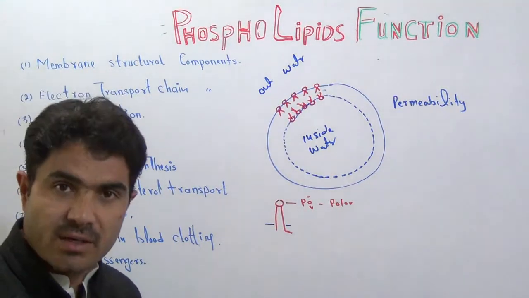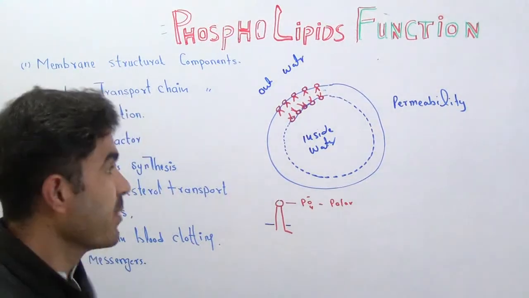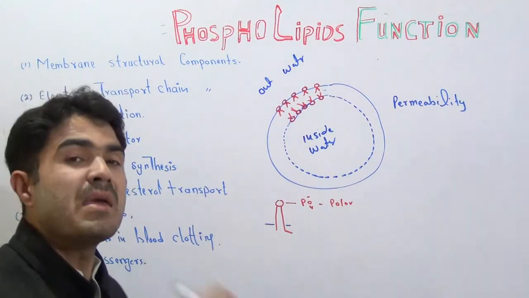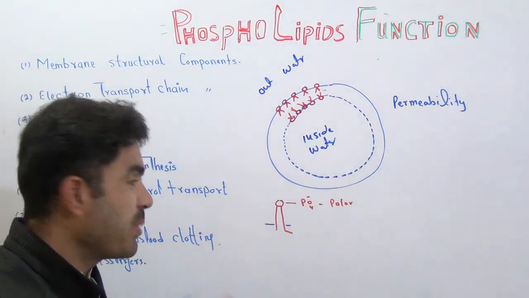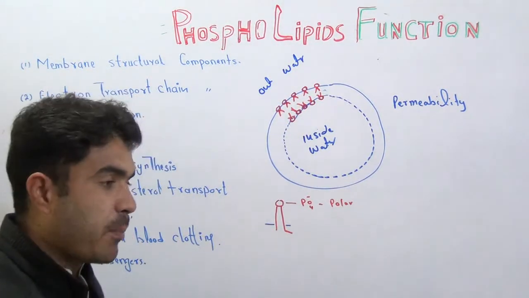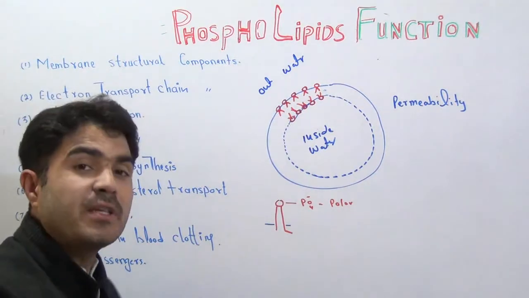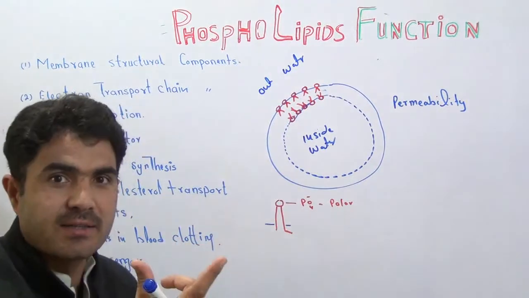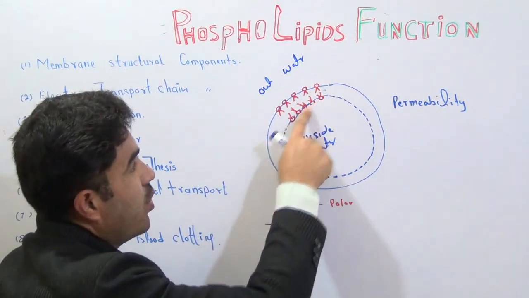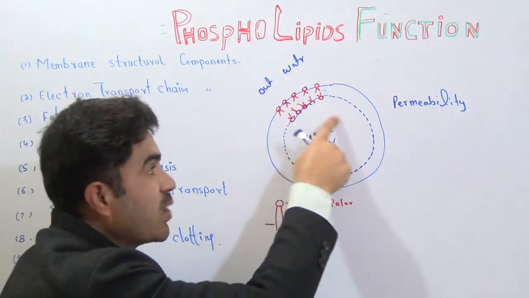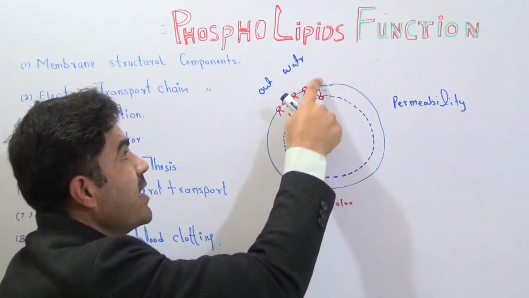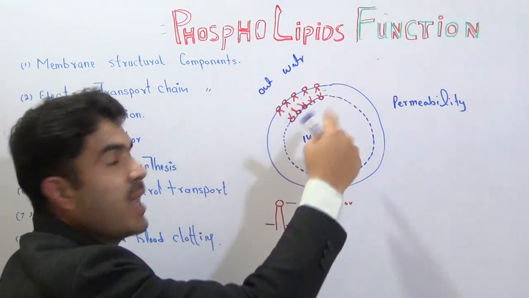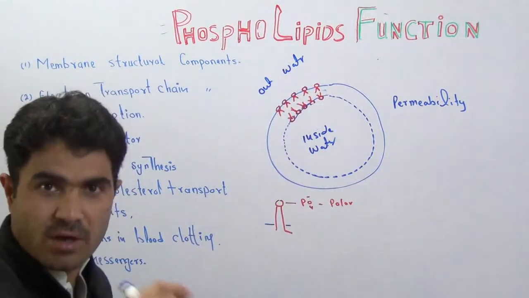Phospholipid is not soluble in water, it has no affinity with water, but because of the phosphate group in the lipid, the phosphate group makes the lipid polar. The phospholipid is both polar as well as non-polar, meaning you will find both parts, but the polar part is always facing the aqueous side, and here the phosphate groups are facing the outside, meaning water, because they have a great affinity with water.